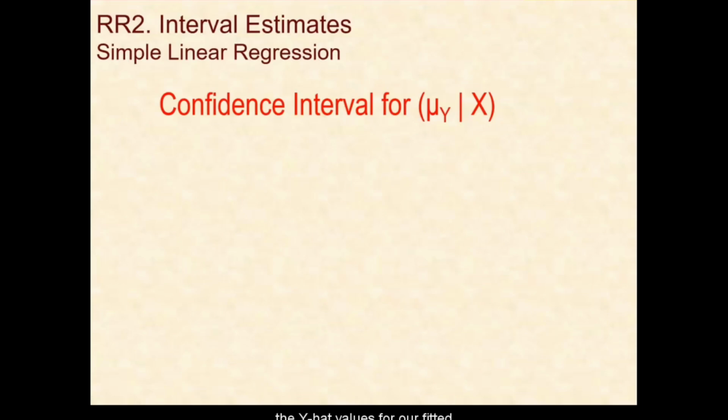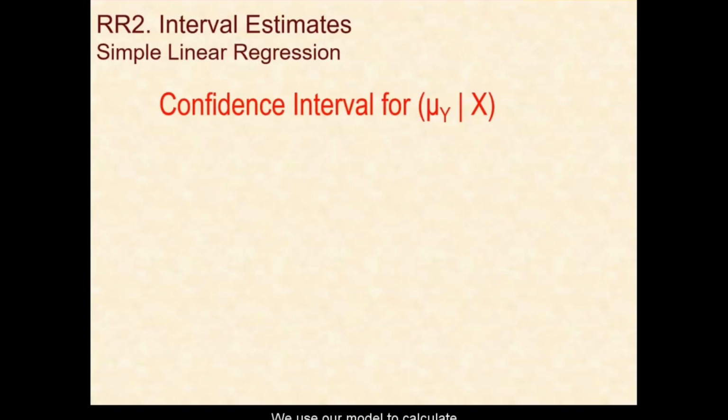As we saw in an earlier module, the y hat values for our fitted model correspond to a line of estimated sample means. The points on the line represent our estimates of the sample mean values for y given different values of x. Using our model, our best point estimate of the mean of y, now that we know the predictor x, will be y hat, calculated from the model.